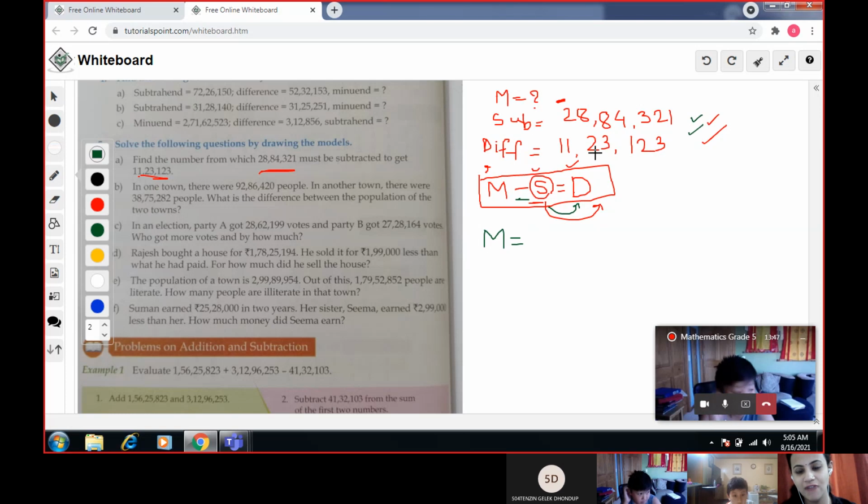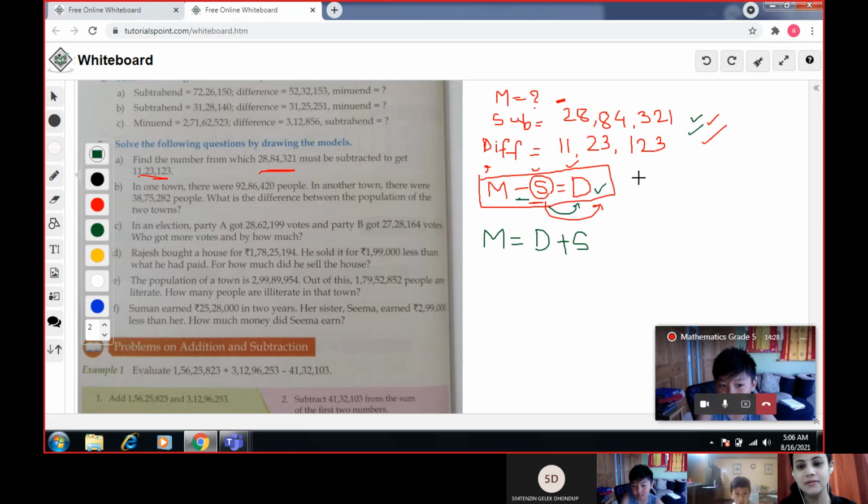Difference is given, so D is already on the right side of the equals sign, and I have written D as it is. I am not changing anything in D. Now see what happened when the subtrahend comes to the right side of the equals sign. Here is the sign of minus. The sign will change to addition and it will be plus subtrahend. Now tell me, up to here, is it clear? If not, then I will explain again.